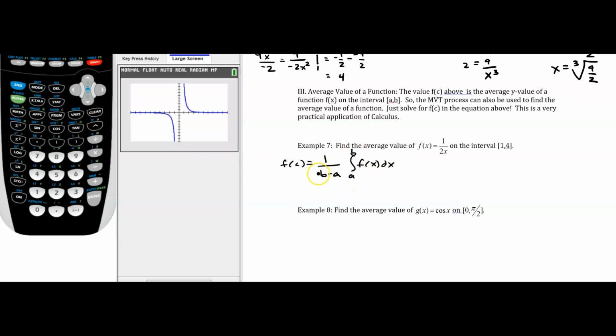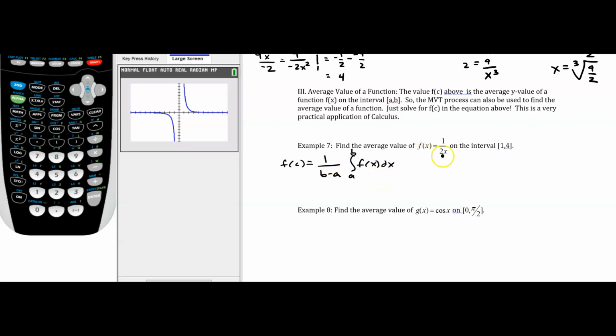And you could see if I multiplied this by b minus a, it gets me back to my original mean value theorem. So this average value of a function concept is a direct takeaway from the mean value theorem. So it's essentially doing the same thing, but here I'm isolating f of c, and using this as my formula.